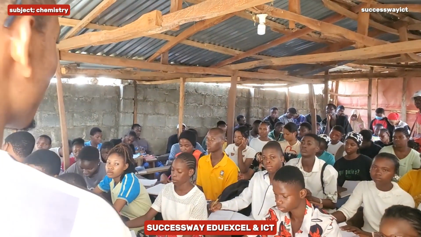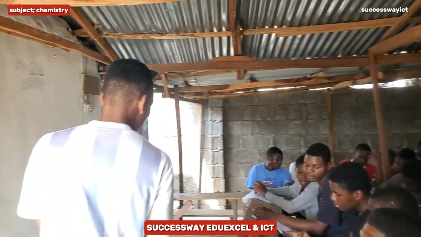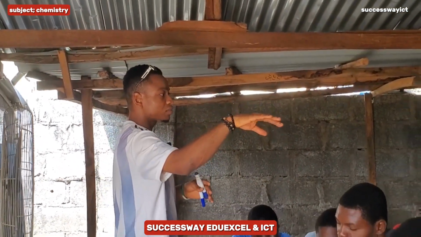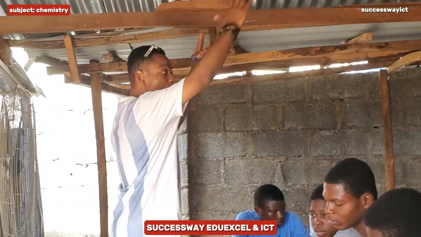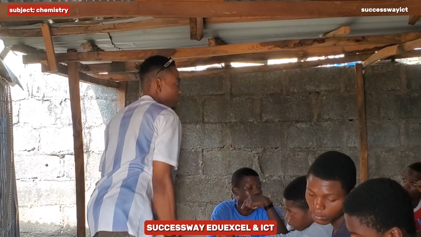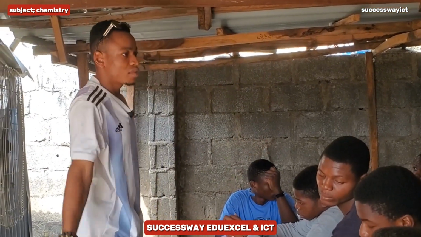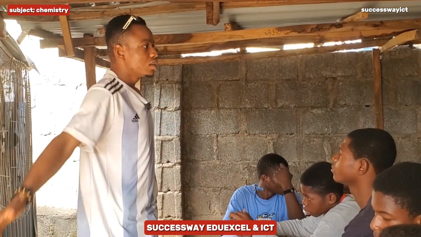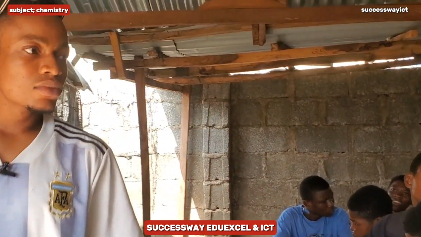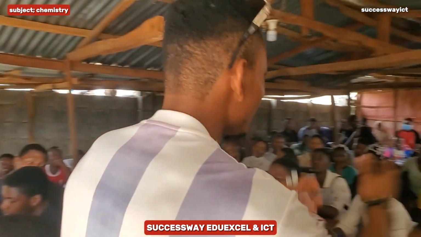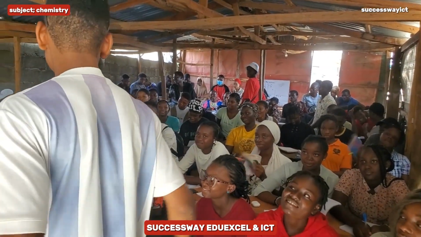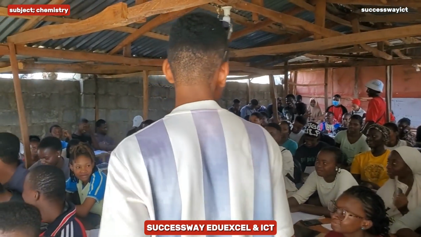It's a family of organic compounds. When they say family of organic compounds, each successive member differs by CH2. We have the family of alkane, another family, alkene, another family, alkyne. Like the Ronaldo family, Messi family, Mbappe family.